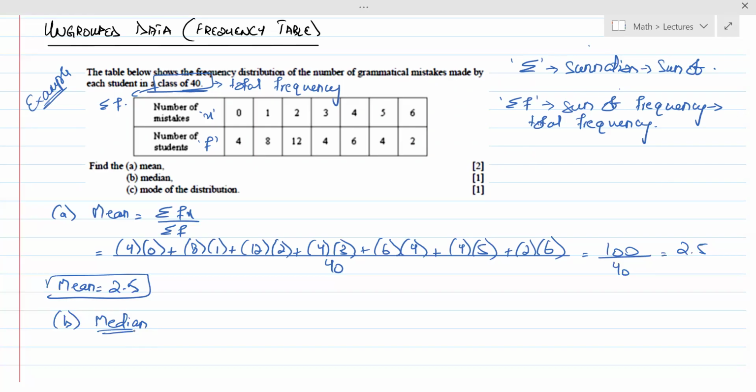So first what we have to do is find in which particular column our median value is lying. After finding that particular column, we would pick the median value.